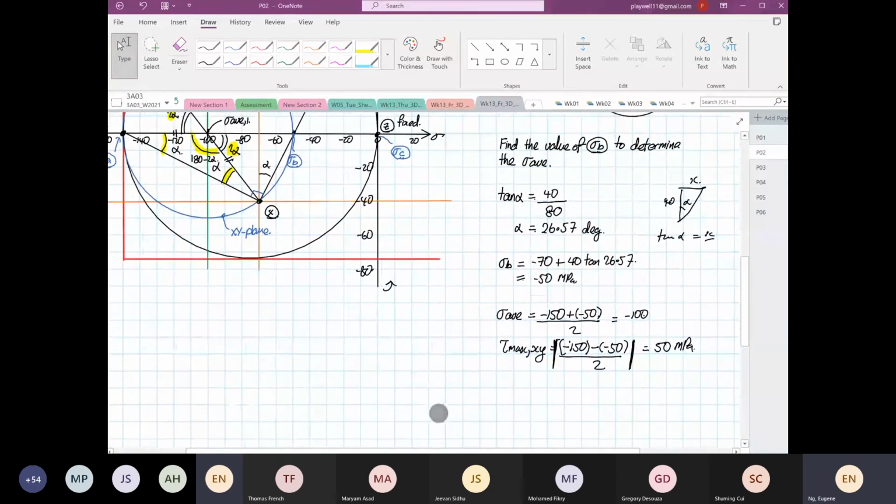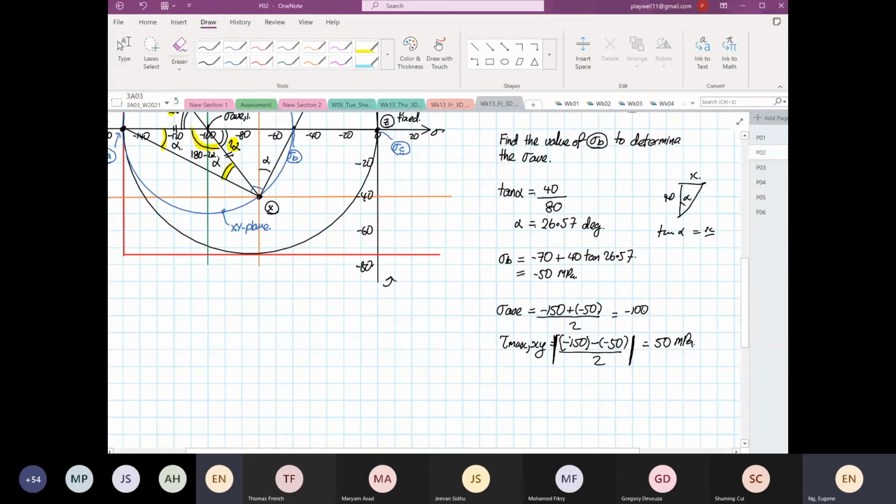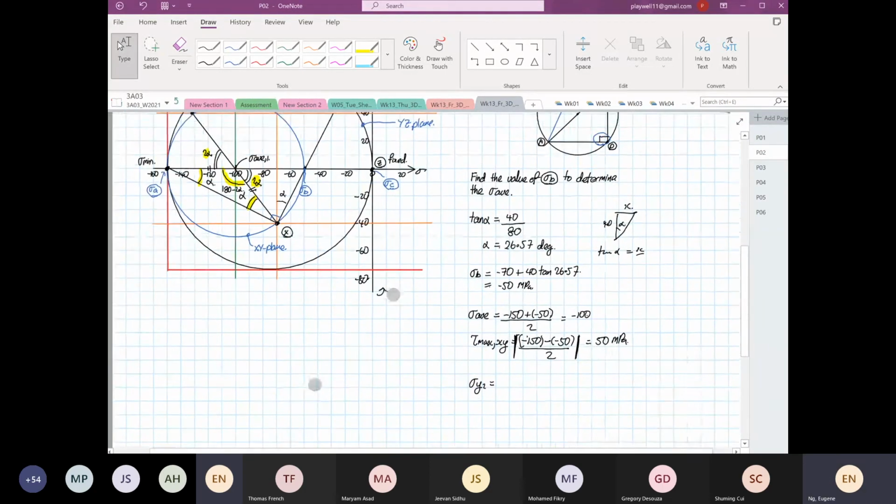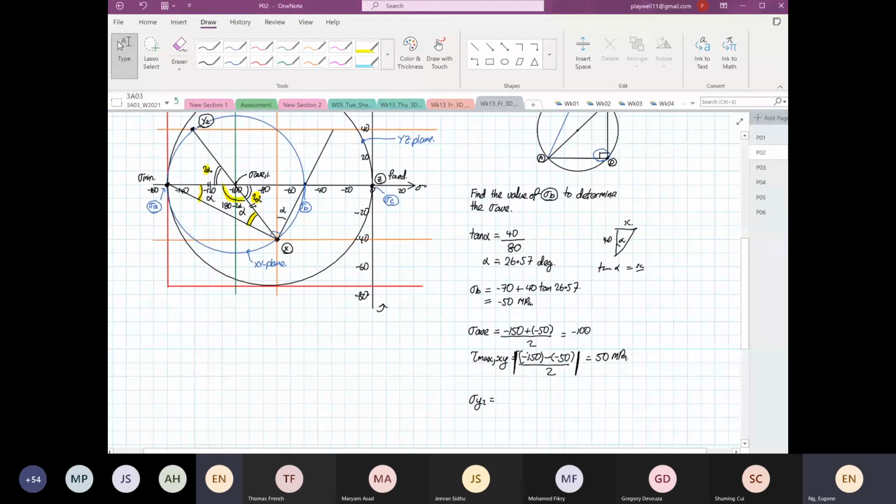So 2 alpha, so we are going to do stress Y2, which is equal to minus 100, because the center of the circle is minus 100 now, right? We found that the average is minus 100, and it's going towards the left hand side. Okay, then it's going to be equal to 50. No, I'm not going to use sine.